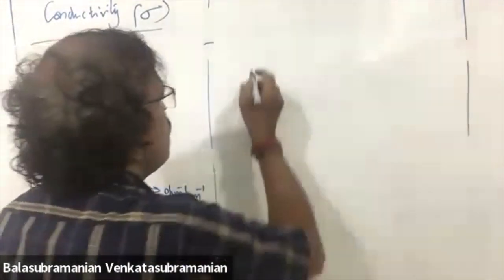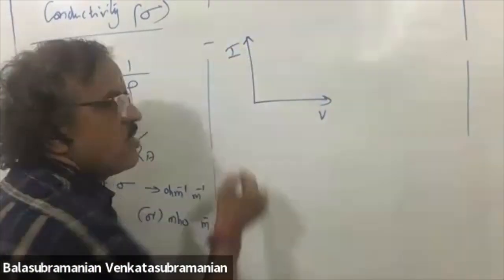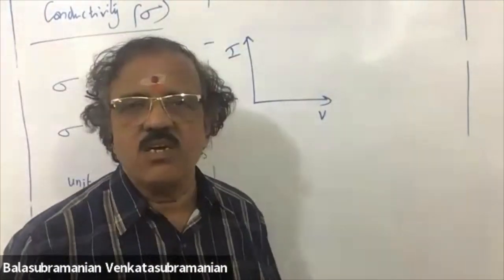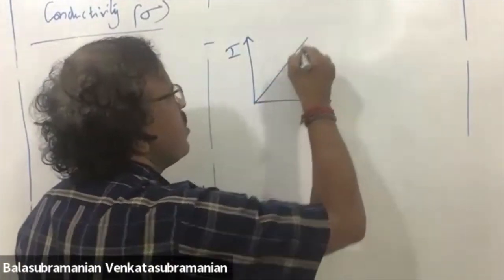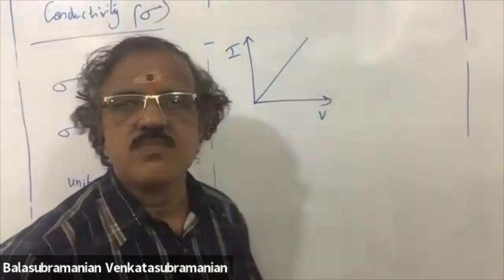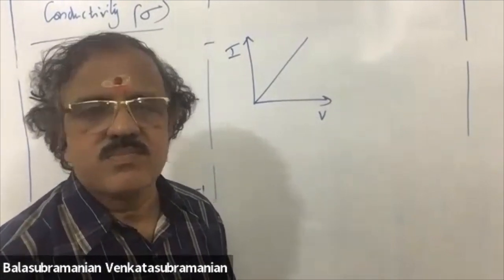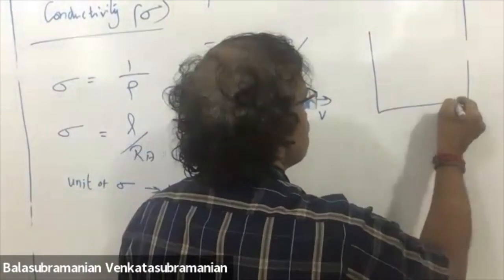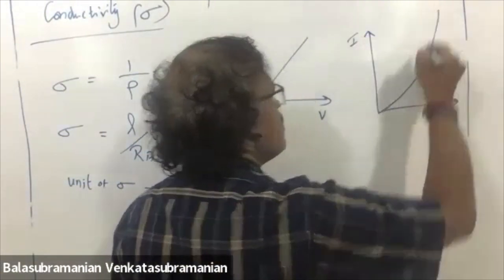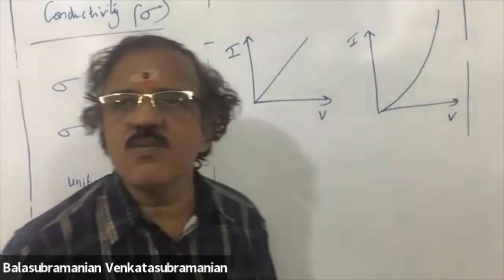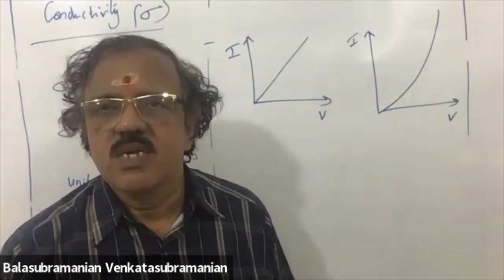In the case of Ohm's law, if you draw a graph between voltage and current, V and I, as V increases, I also increases. The nature of the graph is a straight line. In some cases, V versus I is slightly curved. It is not a straight line, it is curved.